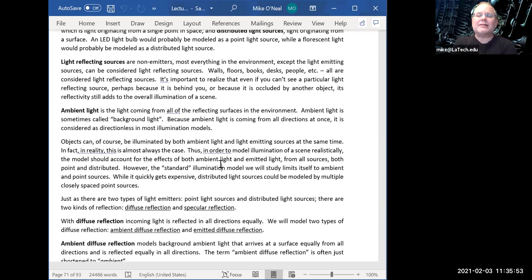But ambient light's kind of the same thing, in that ambient light is light that is coming from all directions in the environment, hitting objects and being reflected equally in all directions. It's background light, the general background level of light. Now, why do I say that it's like the pressure law?